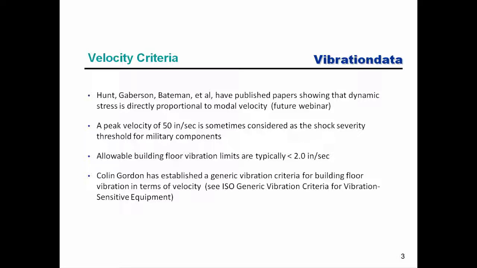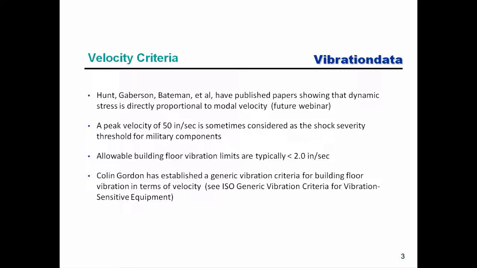And then there's some other different examples. For example, in terms of buildings or semiconductor fab facilities or historical buildings, there are different criteria in terms of allowable vibration, either in terms of velocity or displacement.